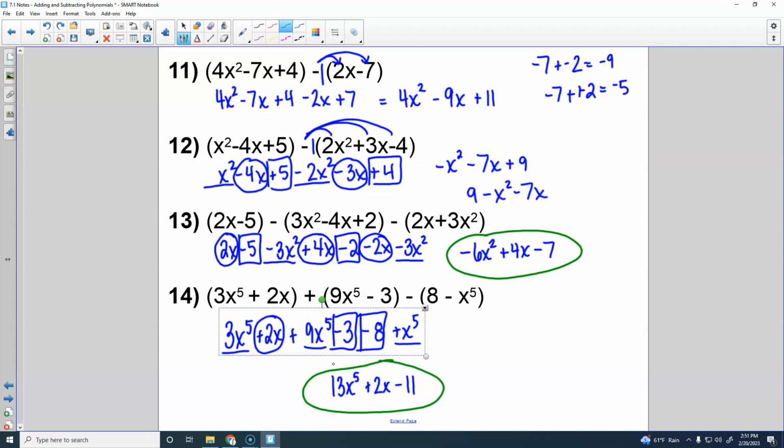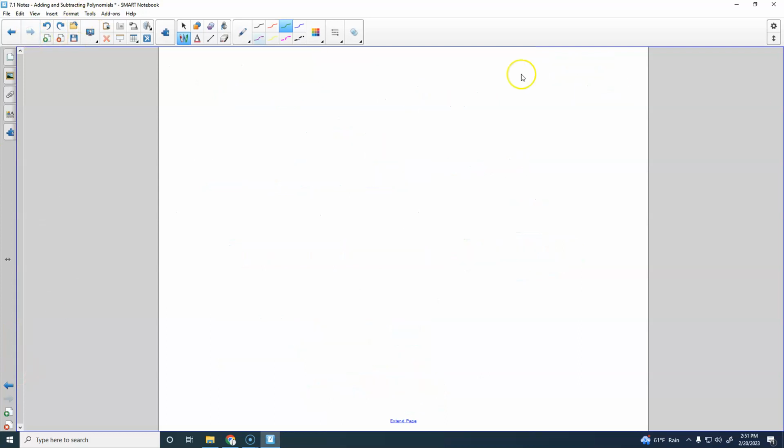We're going to look at the back side of the worksheet, which the problems aren't numbered, which is annoying, but they like to put these on the EOC.